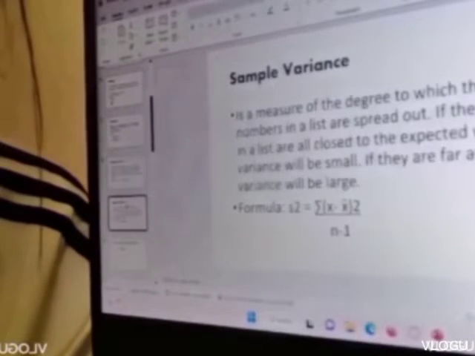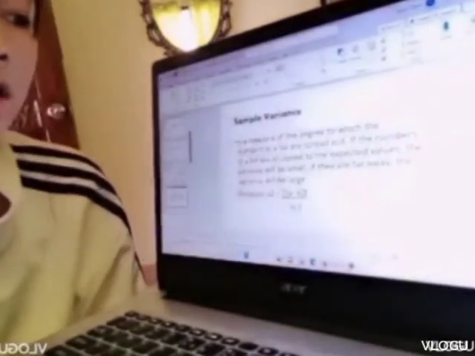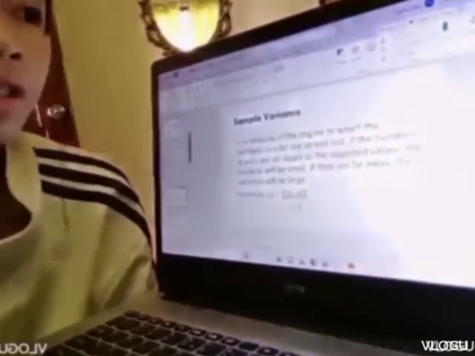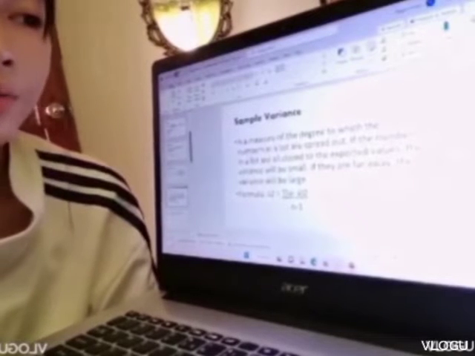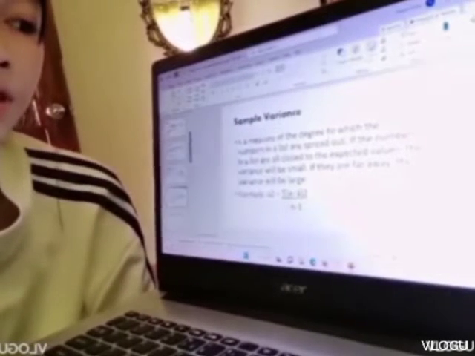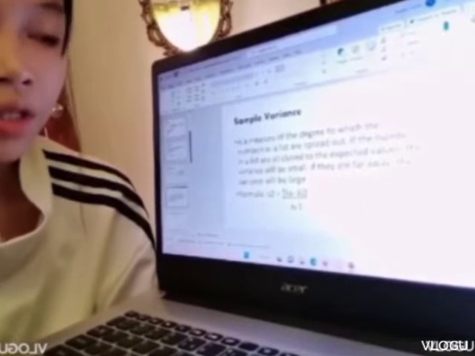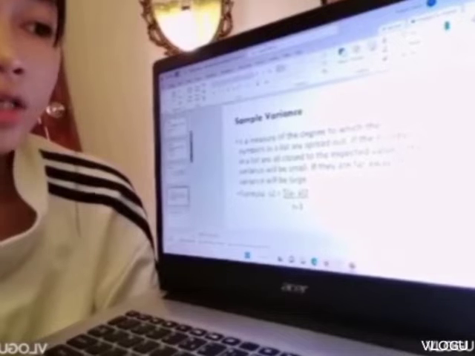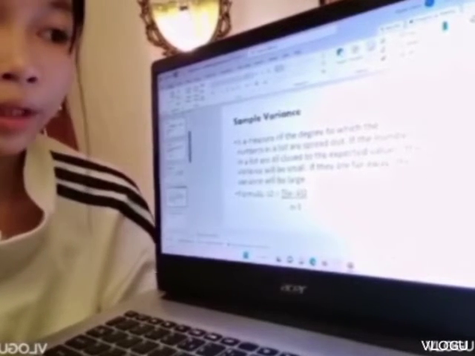Next is the sample variance. Sample variance is a measure of the degree to which the numbers in a list are spread out. If the numbers in a list are all close to the expected values, the variance will be small. If they are far away, the variance will be large.